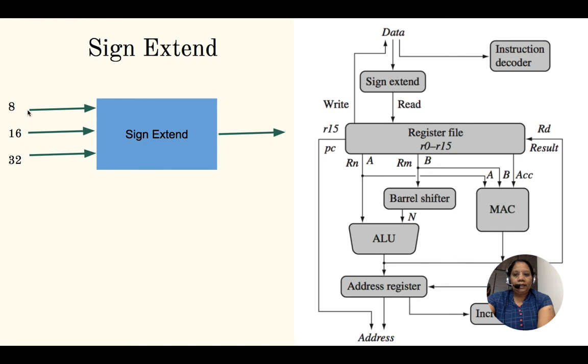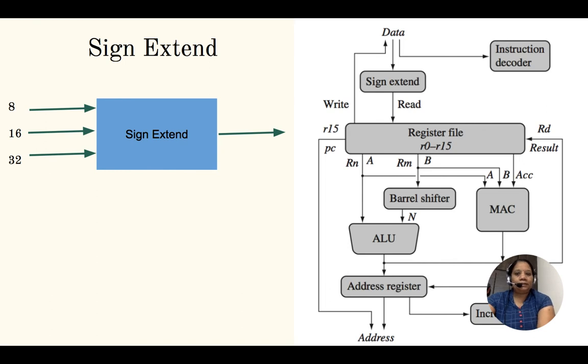So if an 8-bit data comes from the memory, say for example, you fetch a data from the memory and put it into the data bus, that data has to be put into registers, because ALU operation happens only from registers. When it comes to the registers, the data size is only 8-bit. So it has to be extended into 32-bit data before it is loaded into any of the registers. And that process is known as sign extension.